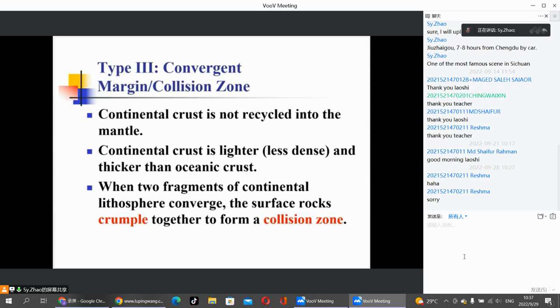As I talked about before, the density of continental crust is smaller than the density of oceanic crust. And when two fragments of continental lithosphere converge, the surface rock crumbles together to form a collision zone.